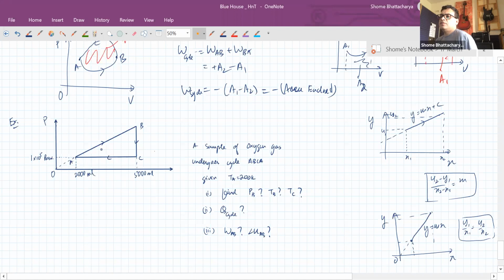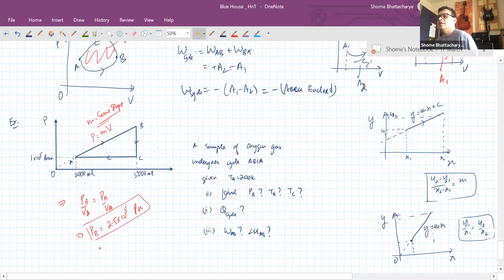So here the graph does not give us the slope. Anyway, this is like pressure is equal to some constant into volume, where m is some slope. So then we can use the relation that pressure at B upon volume at B is equal to pressure at A upon volume at A. So pressure at B will come out to be 2.5 into 10 raised to the power 5 pascals.